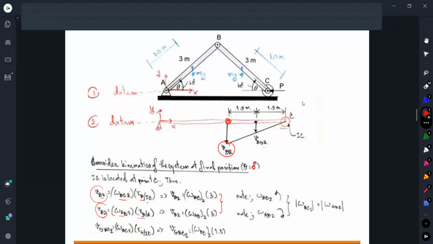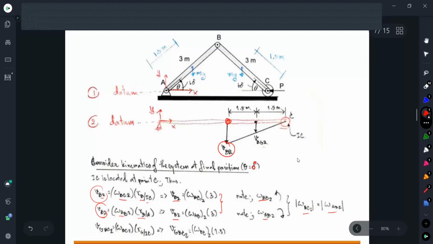So it means that the magnitudes of the angular velocity of member AB and member BC should be the same, but the direction is not the same. For member BC, omega should be counterclockwise, but for member AB, omega should be clockwise.